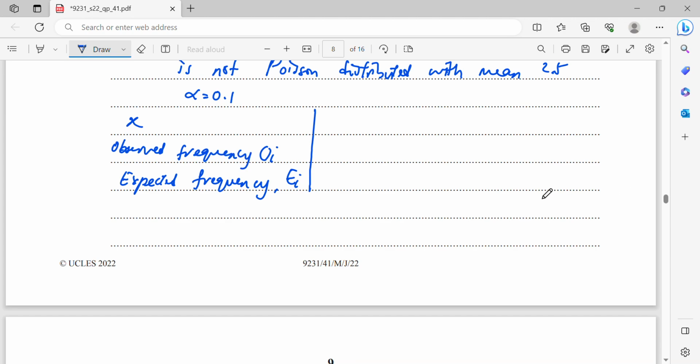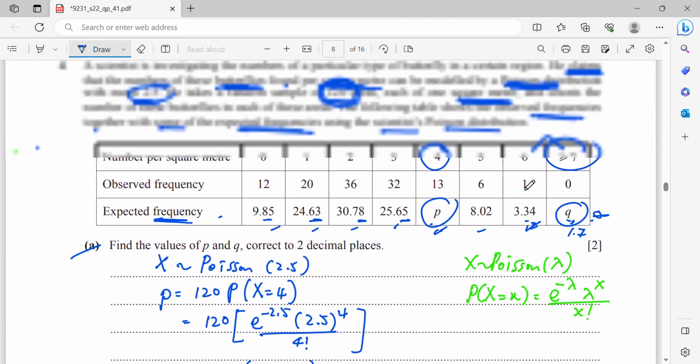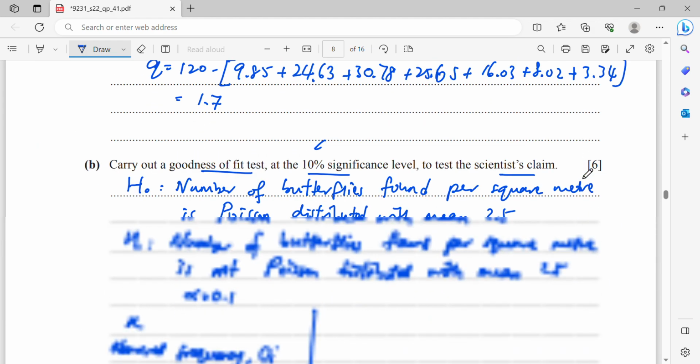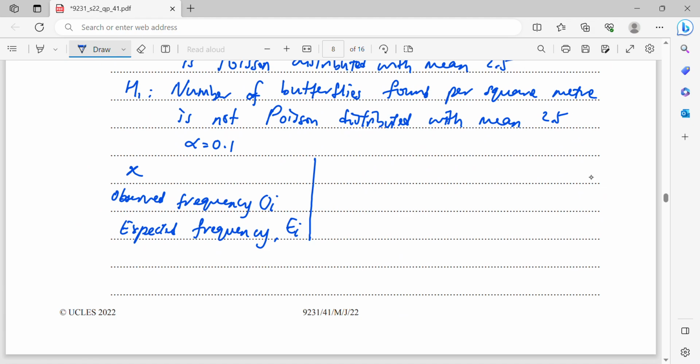Now I need to copy all my values: 0, 1, 2, 3, 4, 5, then at least 6.